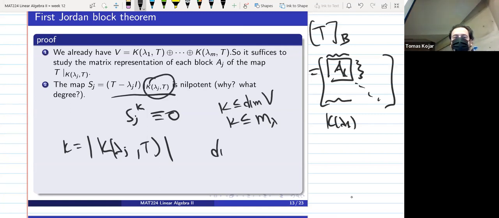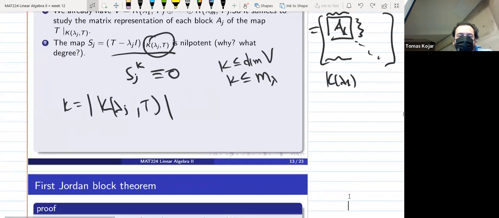So it's at most the dimension. My question was, this guy is nilpotent, and I should have said at most of what degree. It's the dimension of the space. And we did this a couple of slides ago.